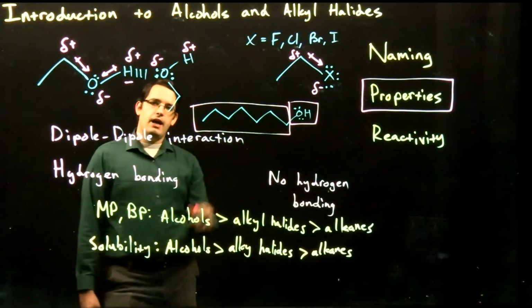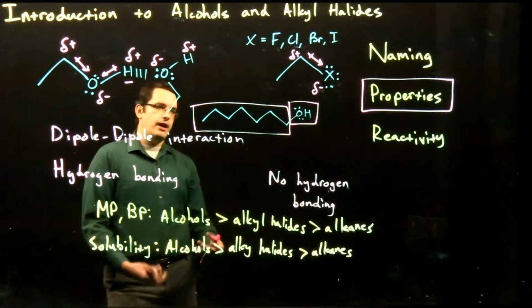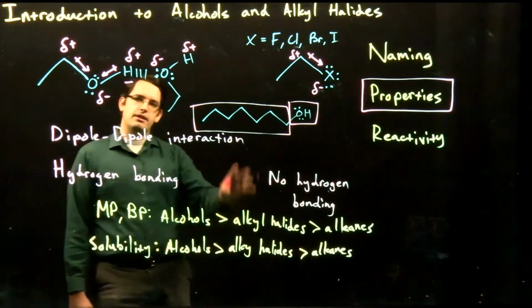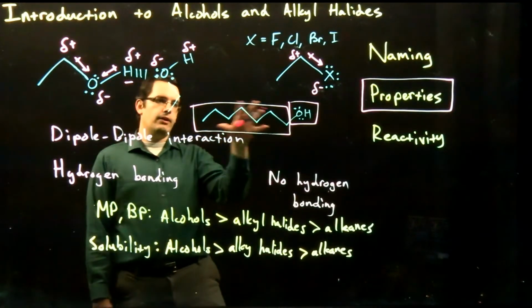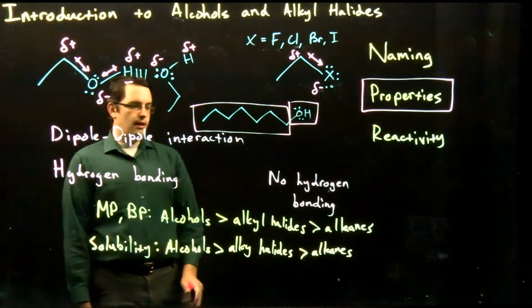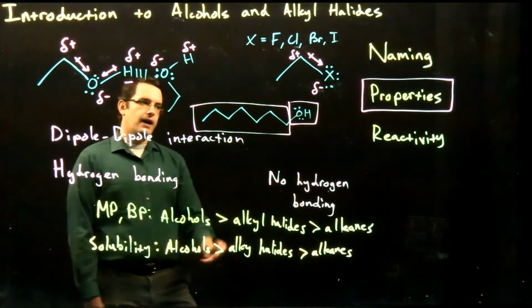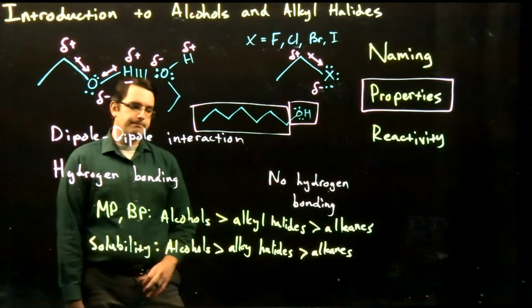It's just carbons and hydrogens. It doesn't have any dipoles associated with it, doesn't have any hydrogen bonding, and so it actually behaves a bit more like an alkane and becomes insoluble in water. So this trend holds true overall, but the size will affect the solubility.